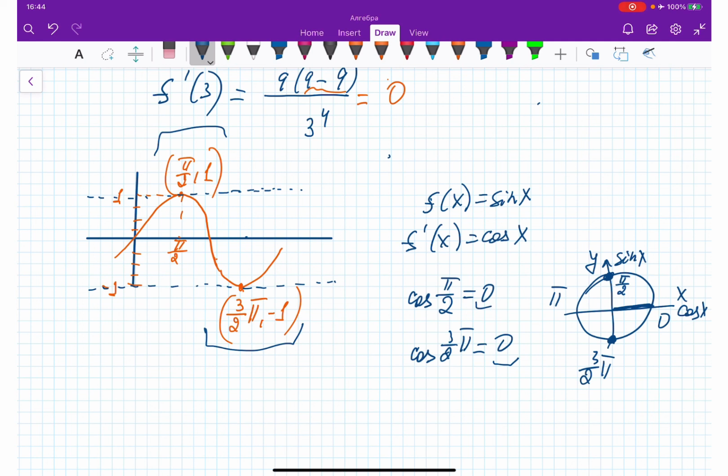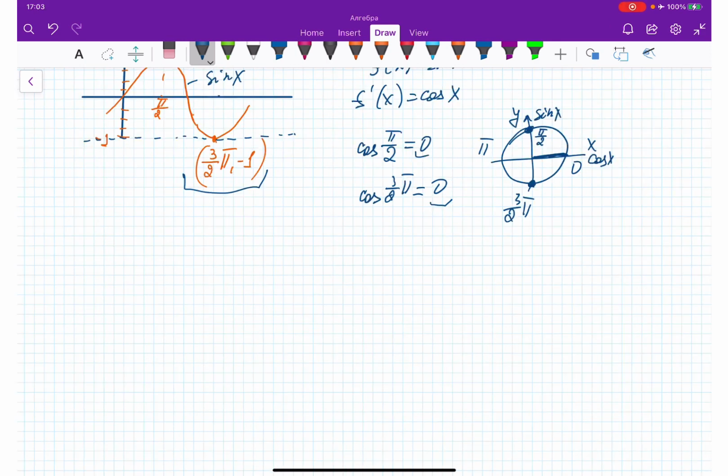Because don't forget this is sine x, this is not cosine x. Cosine x is the derivative. Okay, so we learned that at each relative extrema, the derivative is equal to 0.